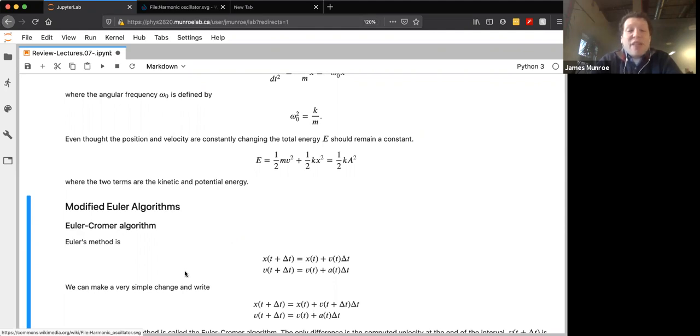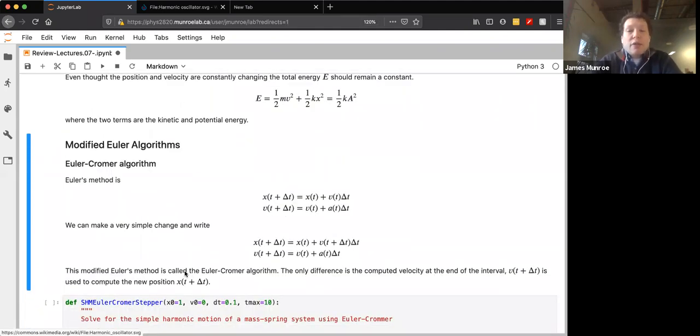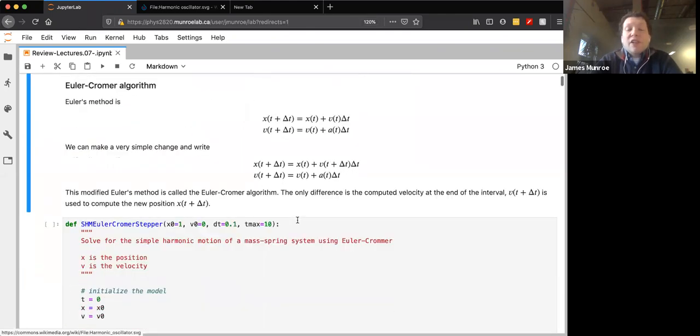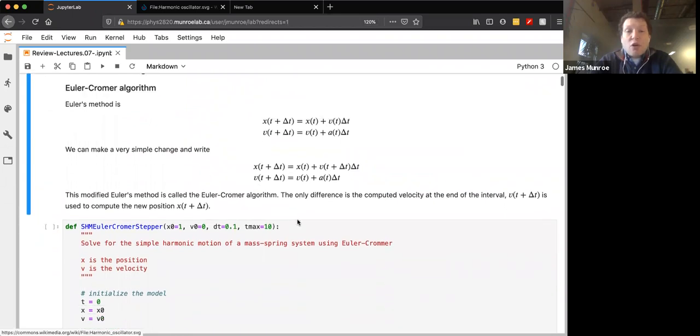And the idea of that method as a second numerical method is rather than computing x and v with the old value of x and the old value of v, the big trick is you compute x with the new value of v and v with the old value of v. So what you're doing here is you're updating the position with the new value of velocity. That scheme is something that conserves energy on average. And so it's better for these kind of techniques all the way through.